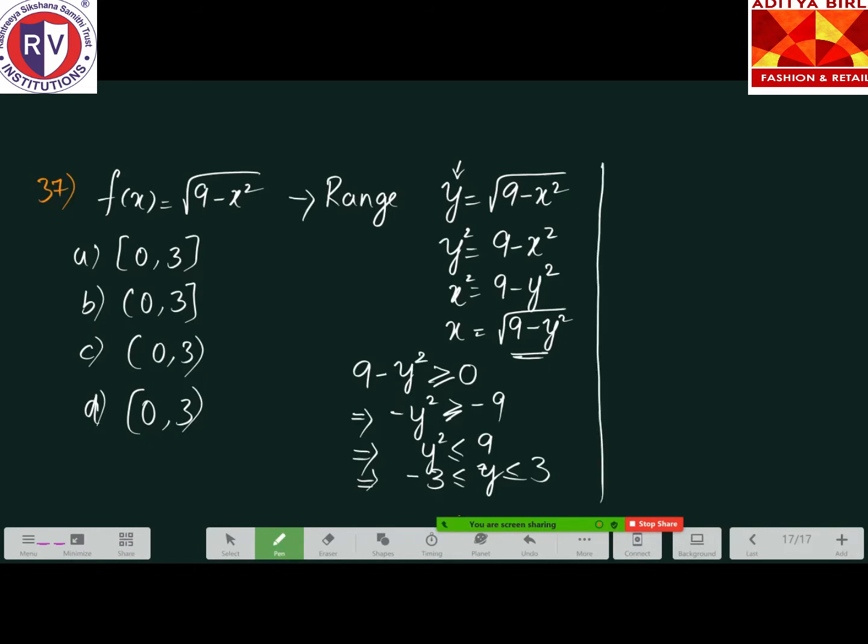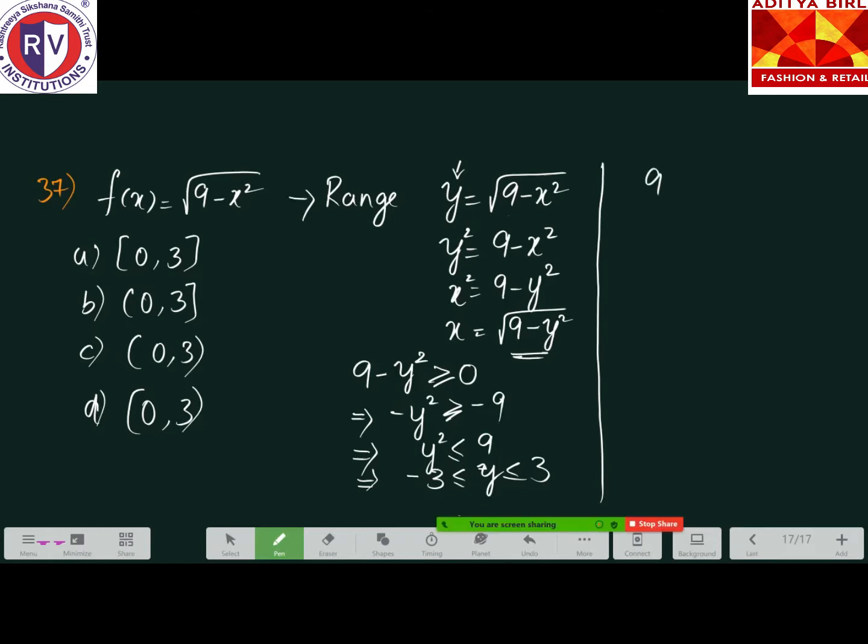But y is positive here. You may ask why. Why is the variable y positive? From this equation, we can see the x, that is the domain of this function, is minus 3 to 3. That is, x varies from minus 3 to 3.